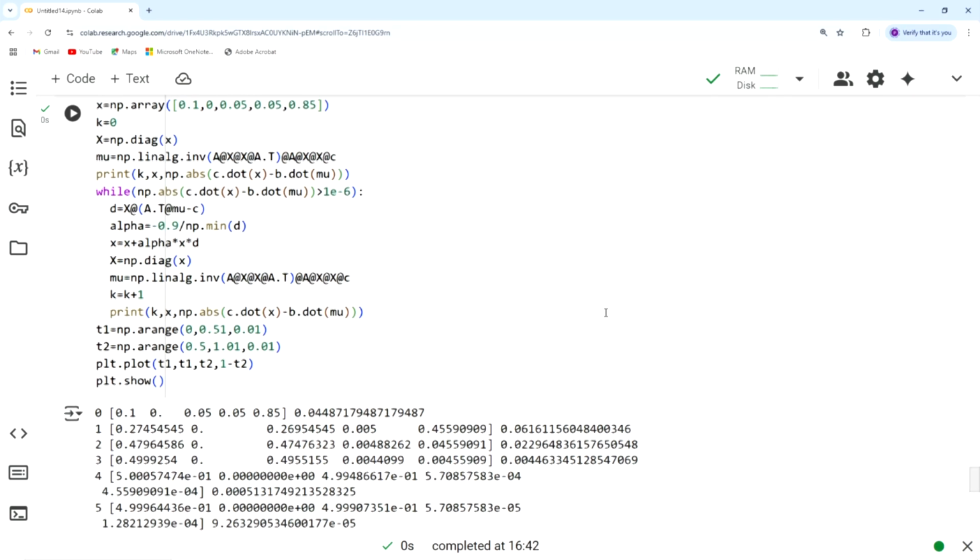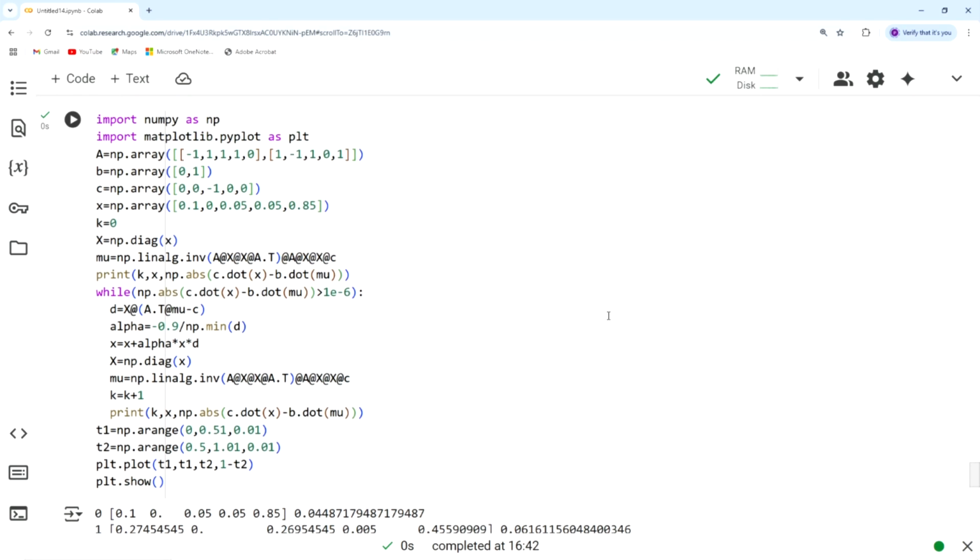Fine, now we need to get hold of the trajectories. x is written as a 5-dimensional vector.